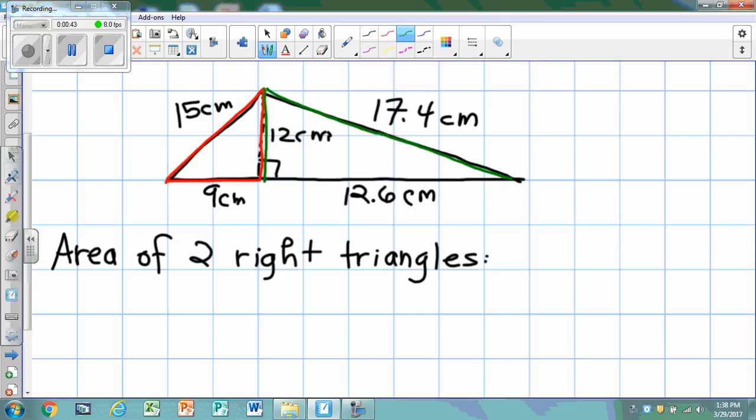These two right triangles make up one larger triangle that is not a right triangle, but we're going to use what we learned about right triangles yesterday to solve for these two, and then solve for the whole triangle and see if our formula works only on right triangles or whether it works all the time on any triangle.